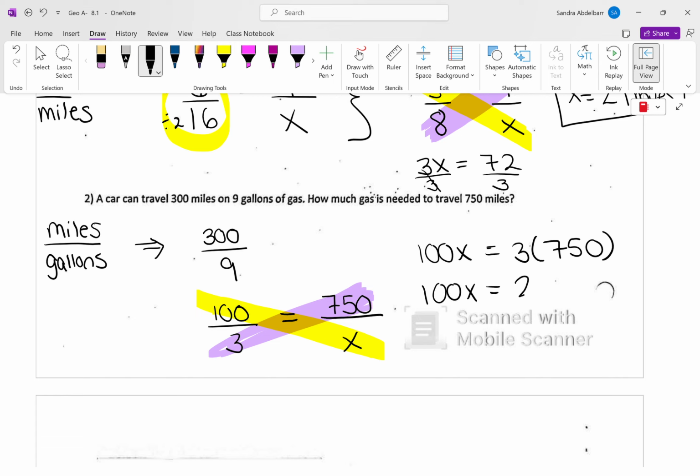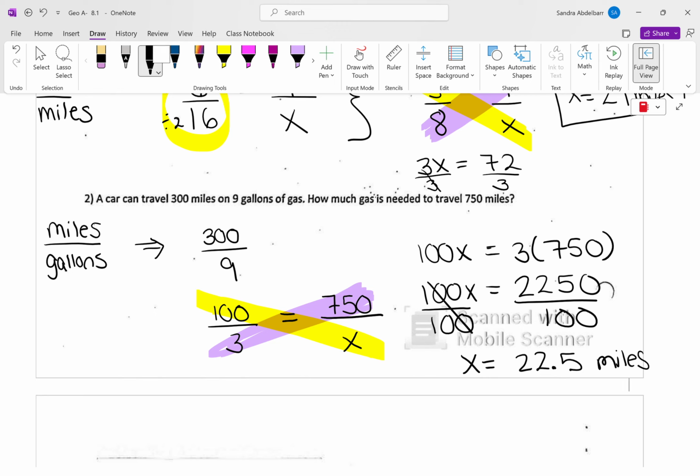So we're going to get 100x is equal to 2,250. You divide by 100, you will get x is equal to 22.5 gallons. Gallons, sorry.